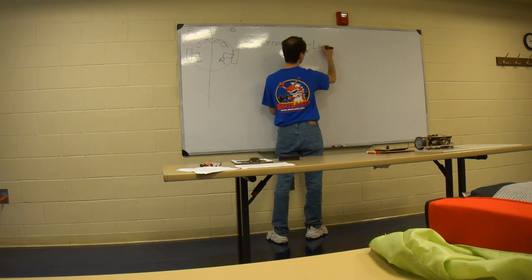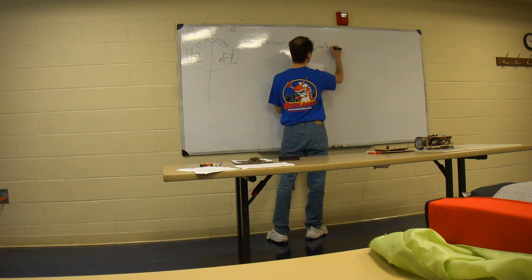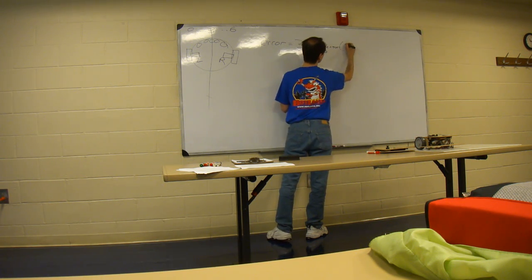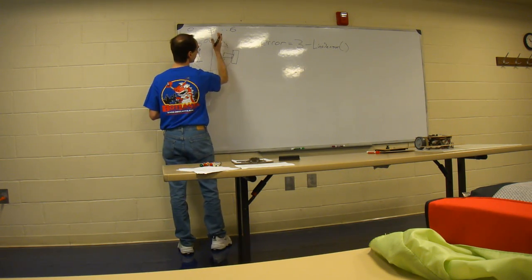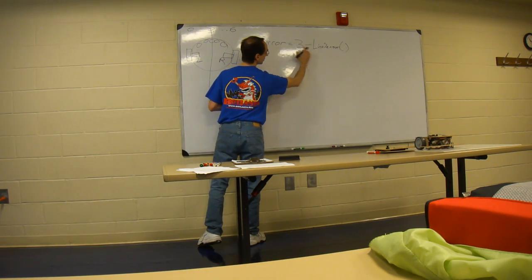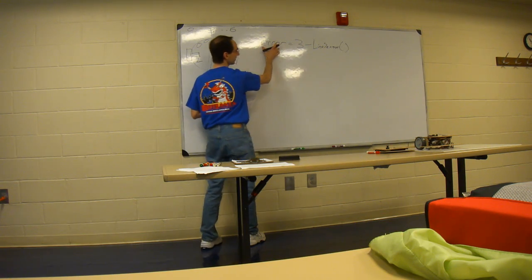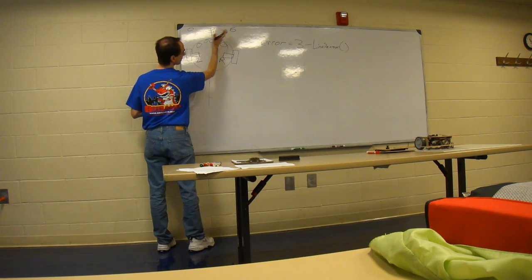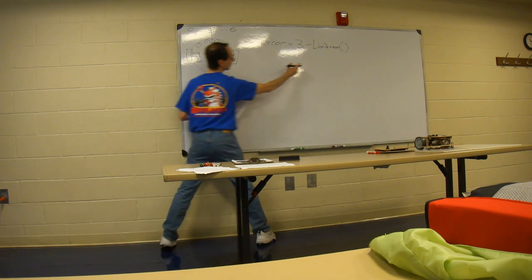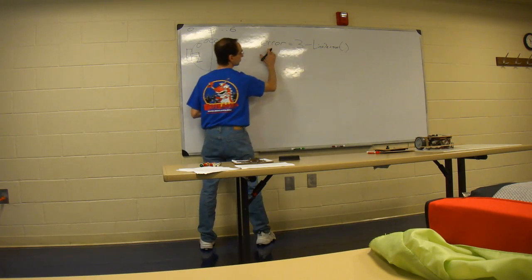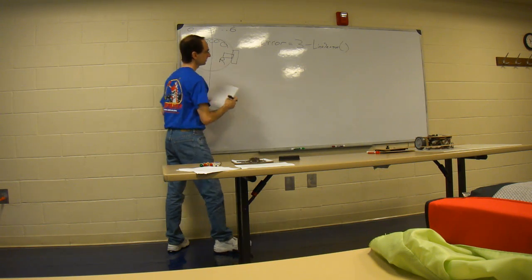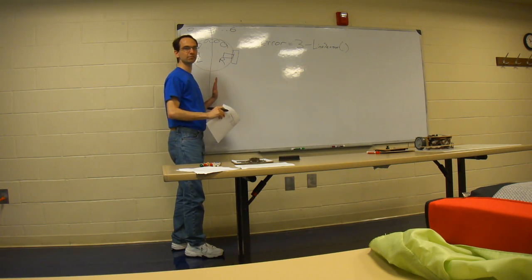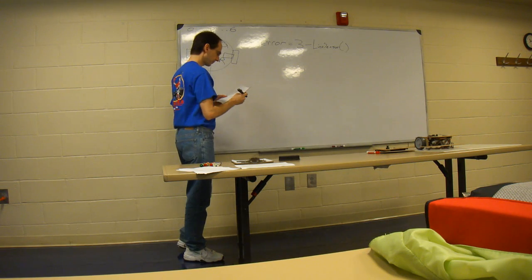We have a function called line sensor. We call that, and that tells us where the line is. We subtract that value from 3, and that's our error. So if we're at 6, we would have 3 minus 6, which would be negative 3. So our error would be negative 3. Everybody got that? Okay.